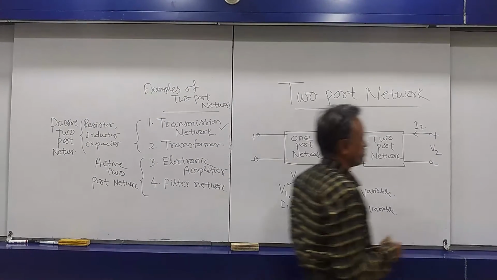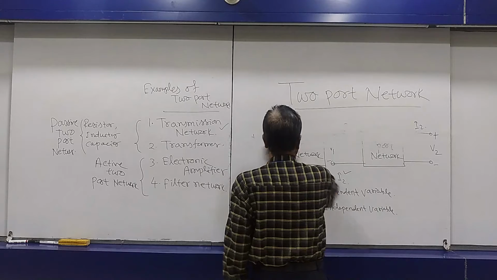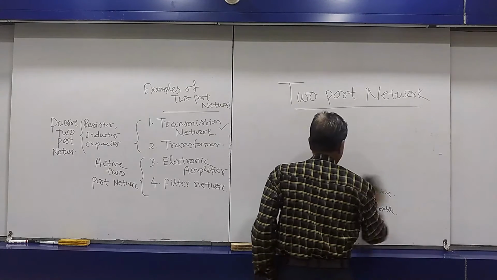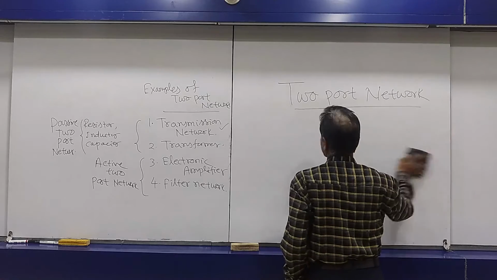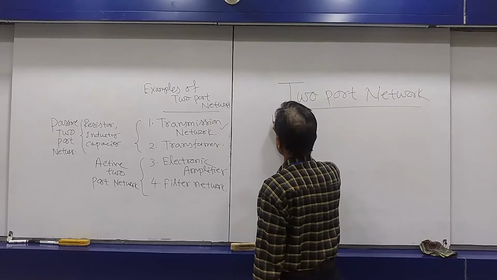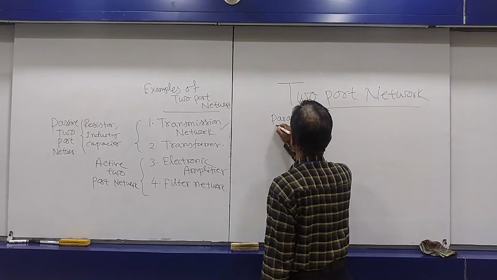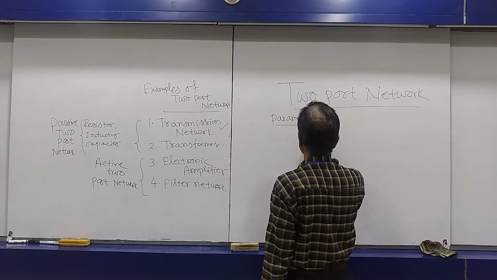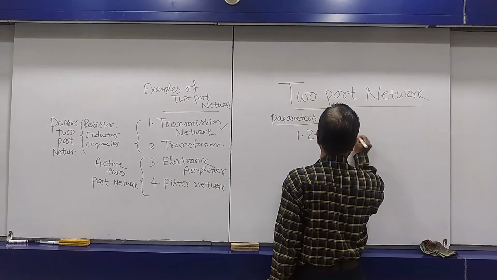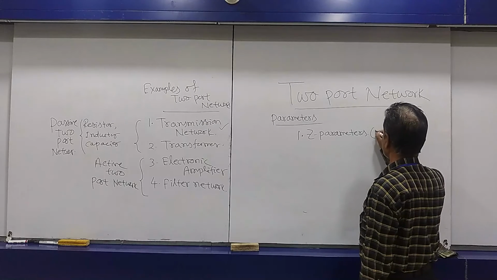There are four types of parameters to describe the two-port network. So what are they? Let us first know. First is Z parameters, or this is also called impedance parameter.